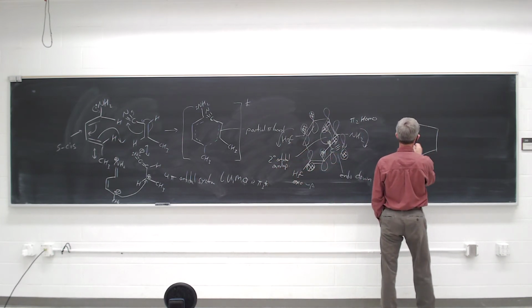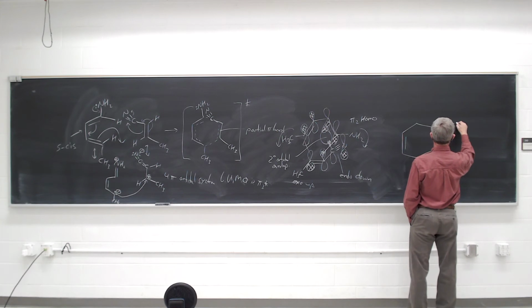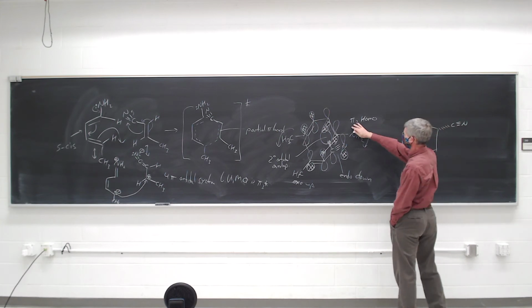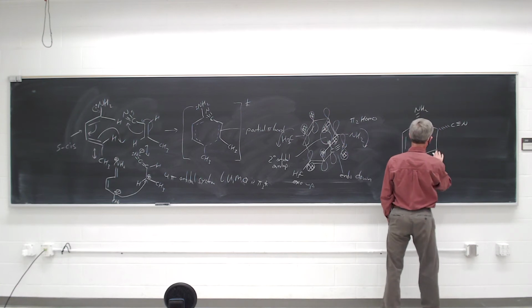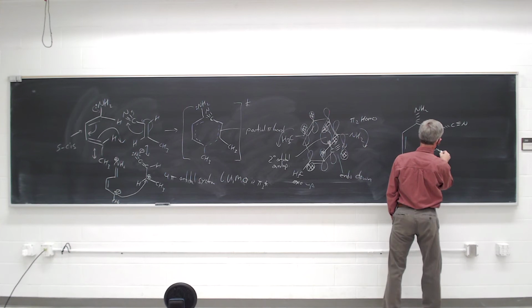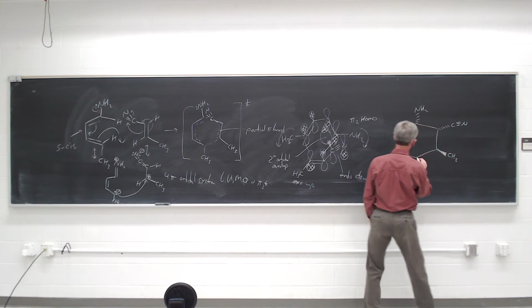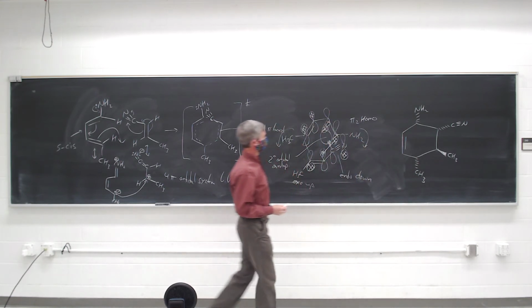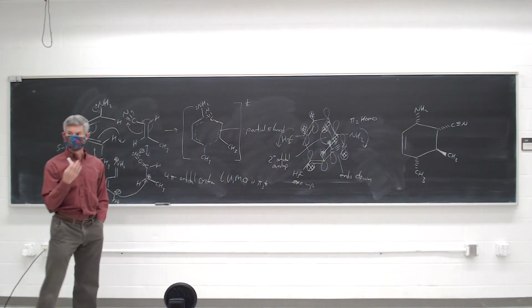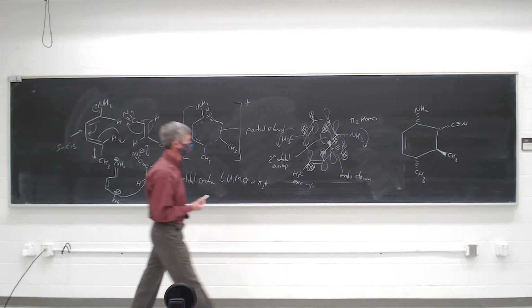So when we're done, our nitrile is down, we want our NH2 also down. We want our methyl group up. Outer substituents, the NH2 group and the CH3, are both going down from the disrotatory motion.